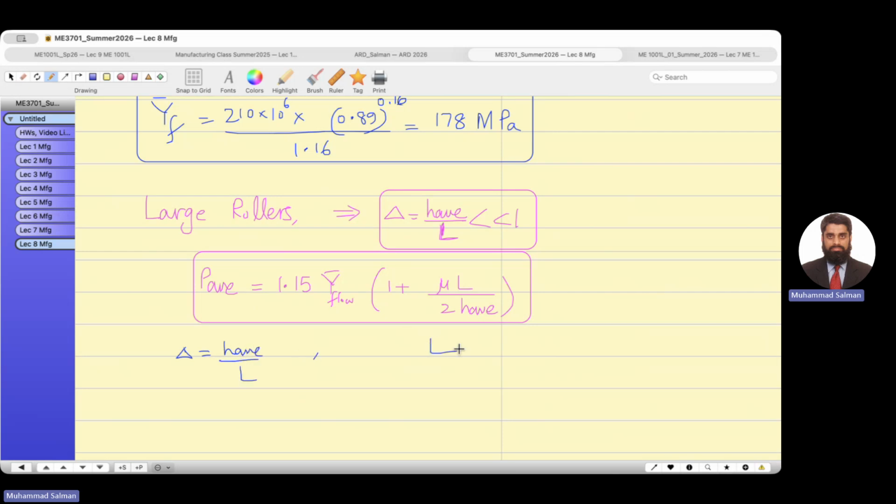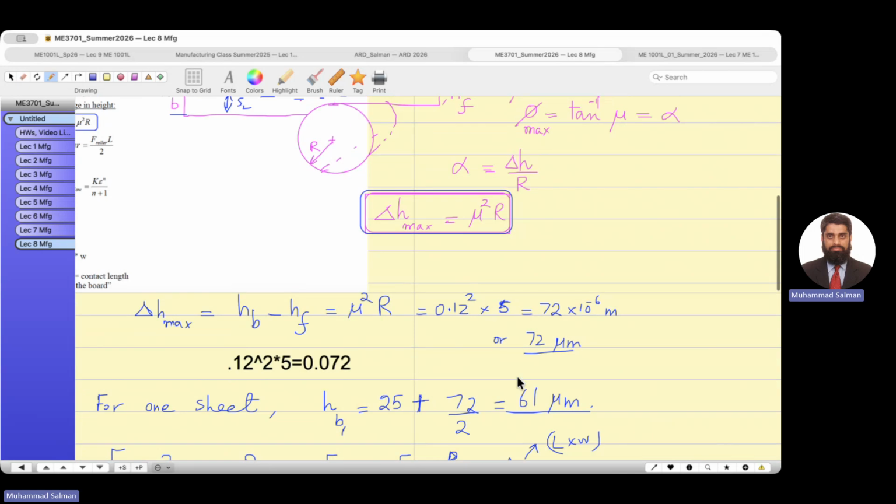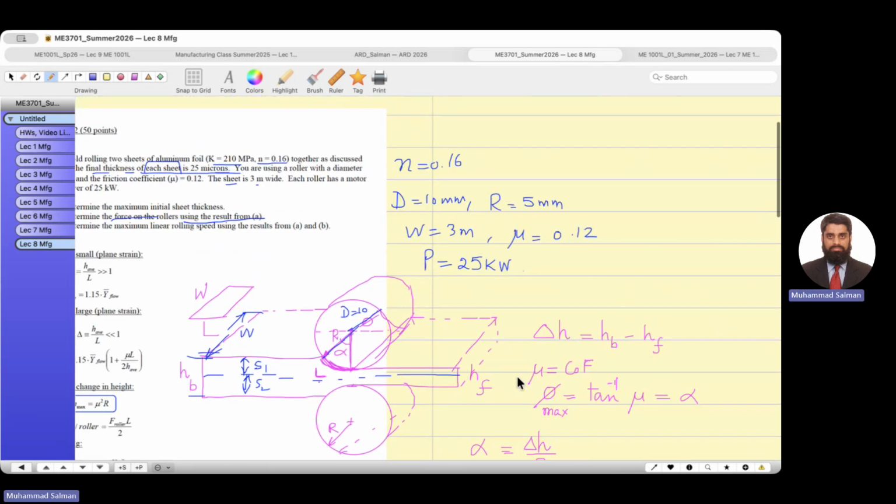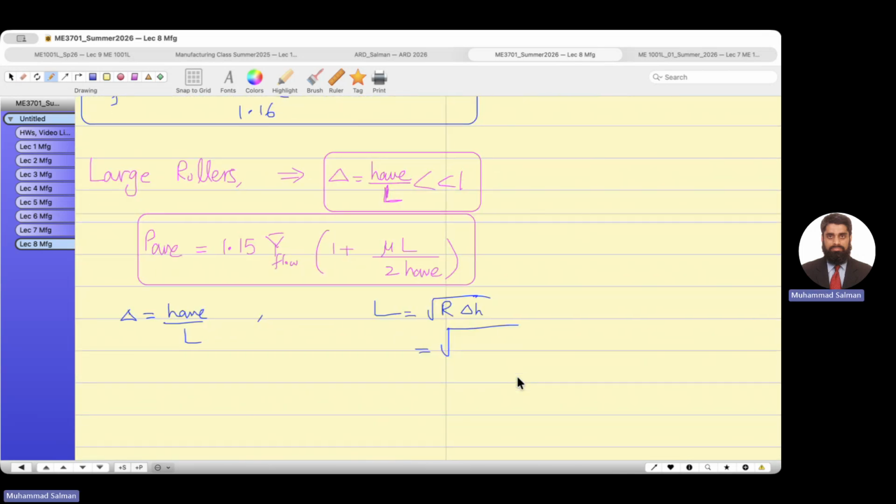And L equals the square root of the radius of the roller times the change in the height. The radius of the roller is 5 millimeter. So let's convert it into meters.